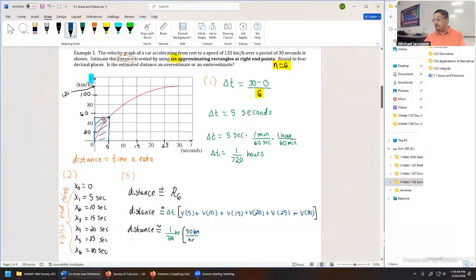But notice that the area is a rate, that's the height of the curve, 50 kilometers per hour. It's also a time, that's the width, 5 seconds, or 1 over 720th hours, matching up the unit. So this area here, even though it's a poor approximation, it's giving us the approximate distance. Then we just do it again.